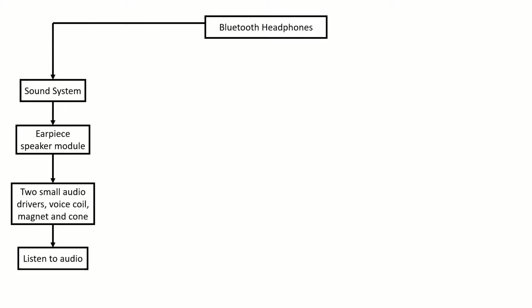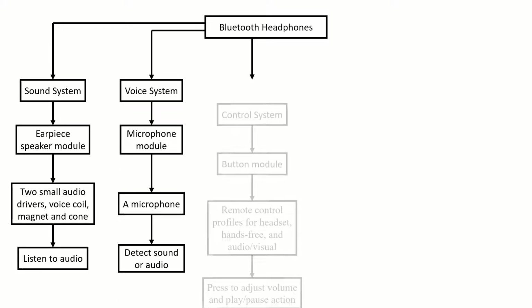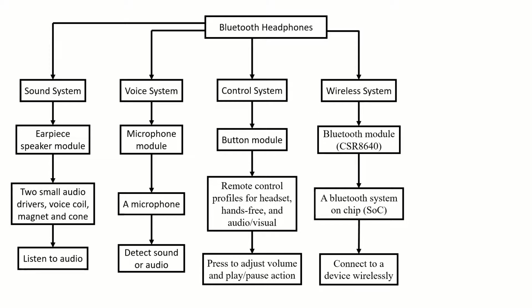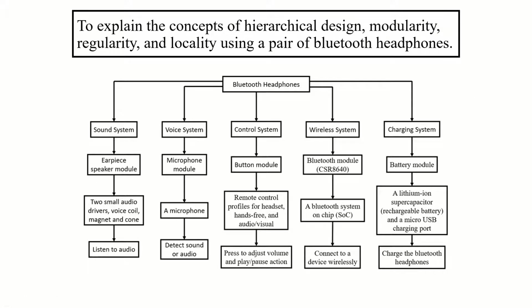We have the first branch as sound system, the second branch as voice system, the third branch as control system, the fourth branch as wireless system, and the fifth branch as charging system. With that, this information can be used to explain the concepts of hierarchical design, modularity, regularity, and locality using a pair of Bluetooth headphones.